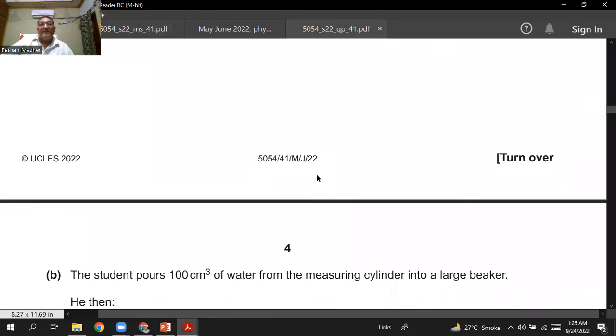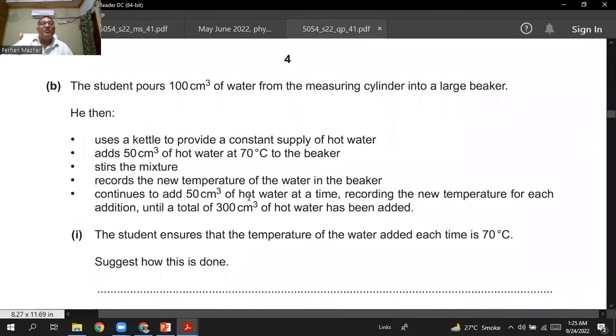Okay, so the next question coming up on screen. The student pours 100 centimeter cube of water from the measuring cylinder into a large beaker. He then uses a kettle to provide a constant supply of hot water. Add 50 cubic centimeter of hot water at 70 degrees centigrade to the beaker.